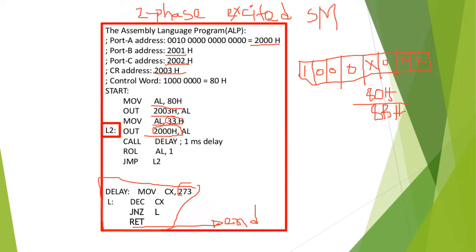Is it okay? But if it is a single-phase excited stepper motor, what actually do you have to send here to the register? 1, right? Can you remember? 1H instead of 3H. Is it okay?